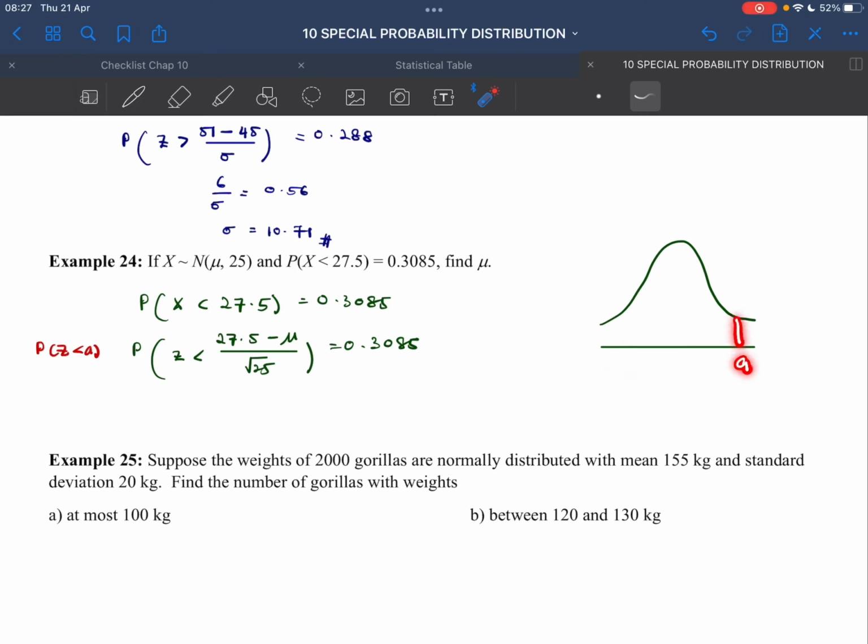If you want P(Z less than a), this will be your area, which doesn't make sense because this has to be greater than 0.5, but your probability here is only 0.3085. So that means our a is supposed to be this one here. This is our a, and this area is less than 0.5. So this is your P(Z less than a). But remember, to use the table you have to shift to get Z greater than a. So we shift this to this side here.